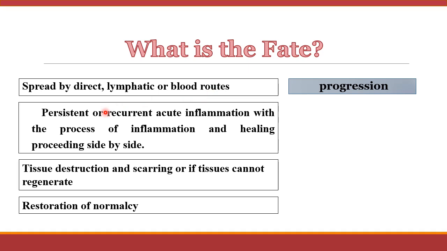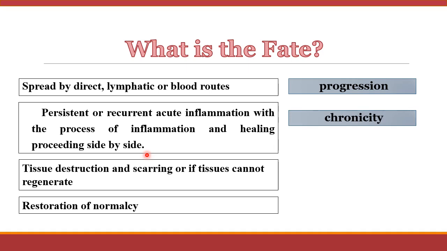The next option, we have persistent or recurrent acute inflammation with the process of inflammation and healing proceeding side by side. So we have acute inflammation that is present for long duration, and the healing attempts continue together with the inflammatory reaction that will also be continuous. This describes which fate of acute inflammation? Chronicity. Yes.